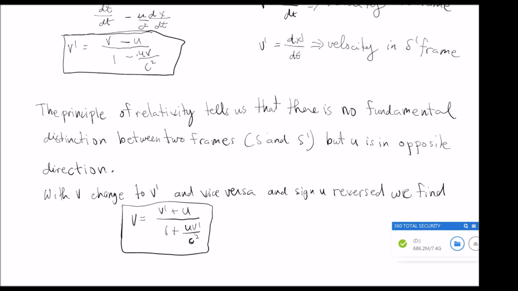Like, the observer in the S frame will see the moving frame moving along the positive x-axis, while the observer in the S prime frame will see the S frame moving along the negative x-axis. Okay, so the only difference there is the direction, not the magnitude of velocity.